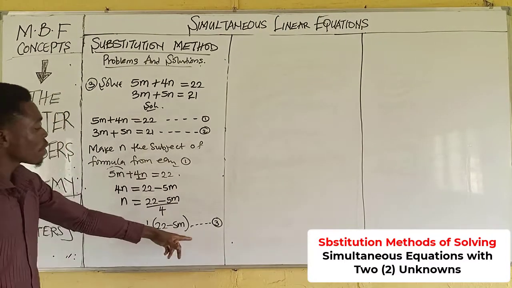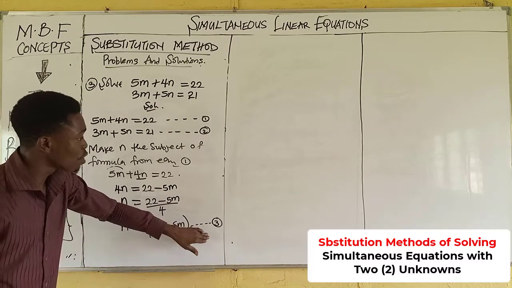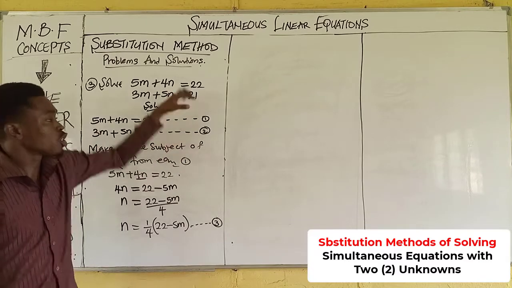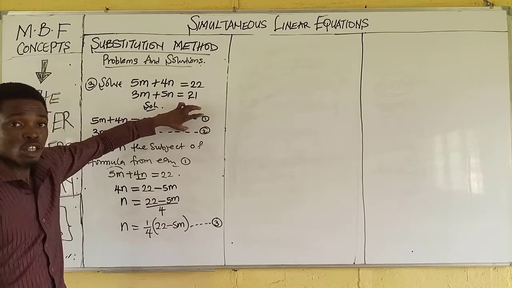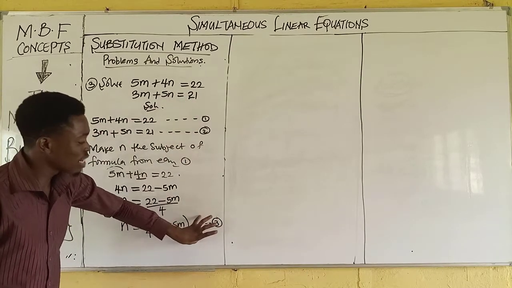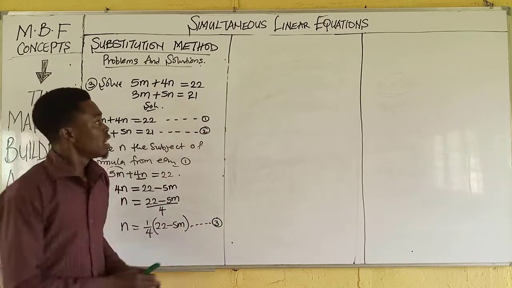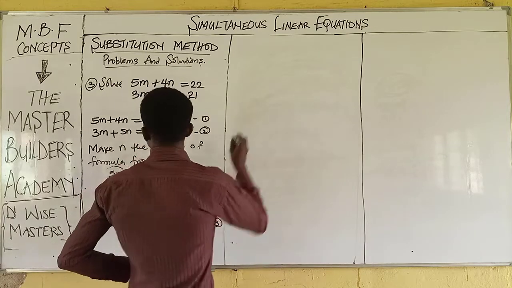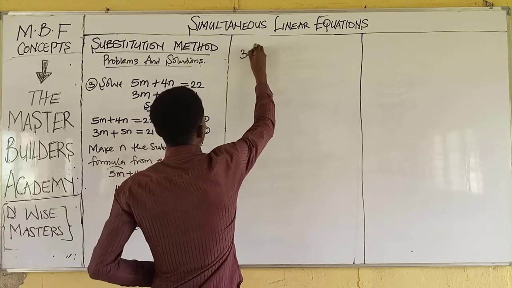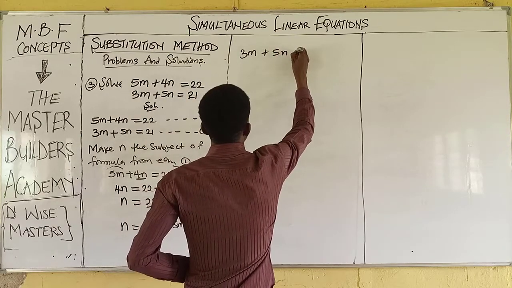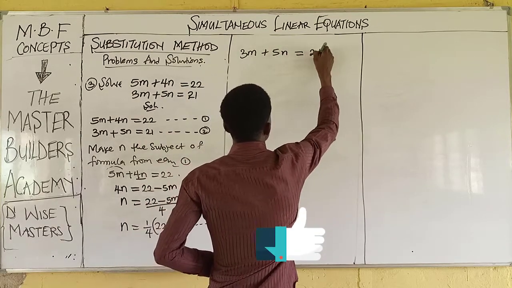Now let's go. The next thing we are going to do, having obtained equation 3 from equation 1, is to put equation 3 into equation 2, which has not been used, because equation 1 has been used. So we have used equation 1 to get equation 3. Now we need to substitute equation 3 into equation 2. When we put down, the first thing we do here is to put down equation 2, which is 3m plus 5n is equal to 21.